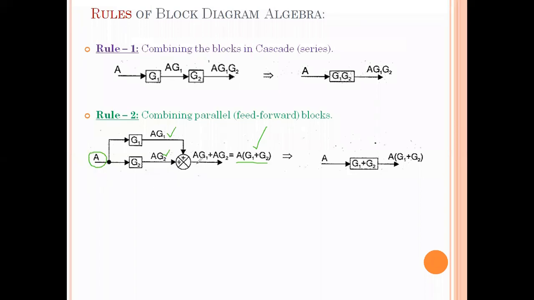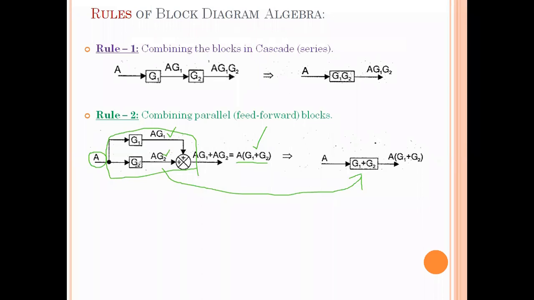Right? So this remaining block can be simplified or reduced into a single block like this. You can see here, A is multiplied with G1 plus G2. So I can simply replace this entire block with a simple block by adding G1 and G2.